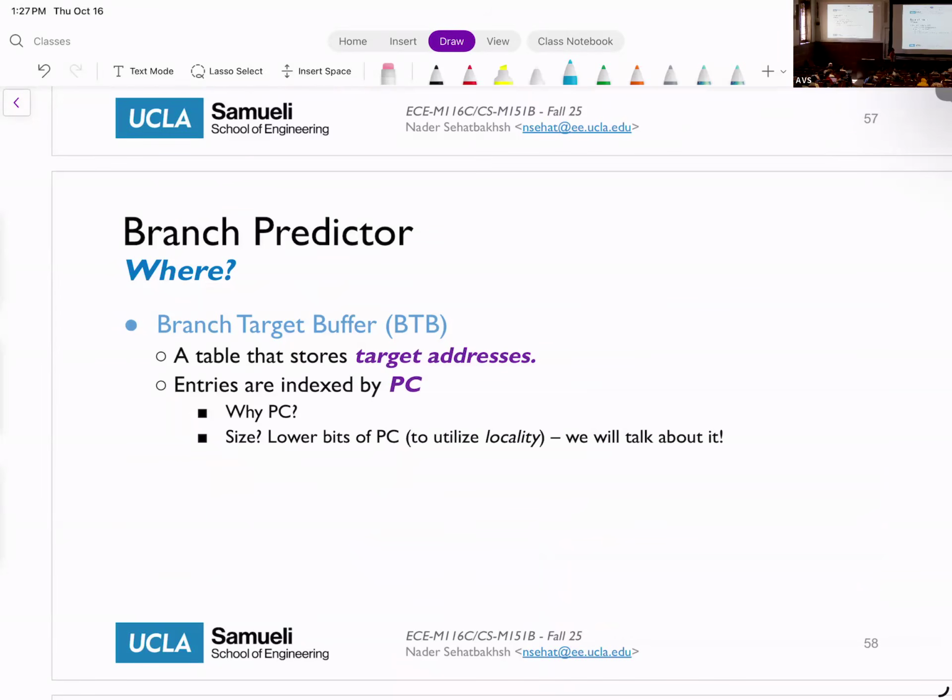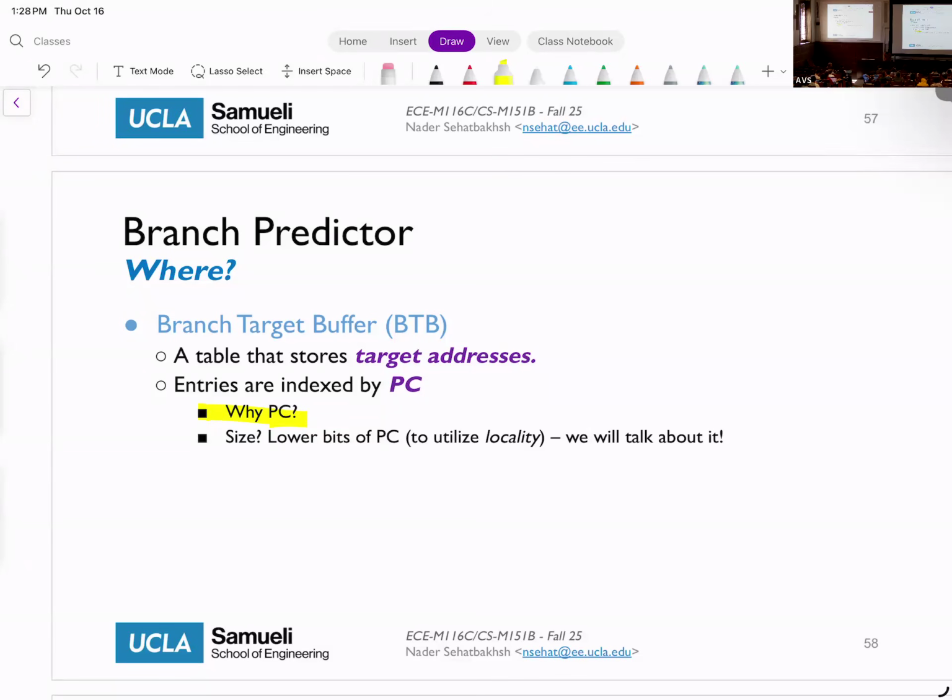Basically, think about it as a table that has two columns. The first column is the PC, because the PC is the unique identifier of that instruction. And the second column is the target address. So why do we use the PC? As we just explained, the PC is unique for each instruction.